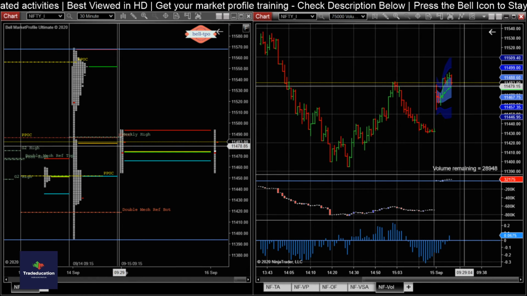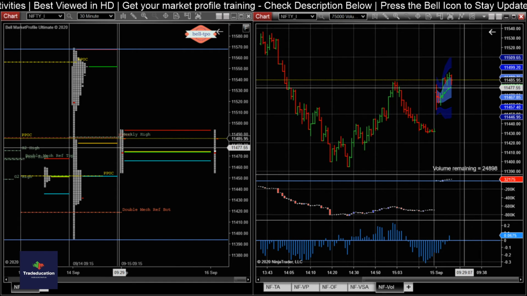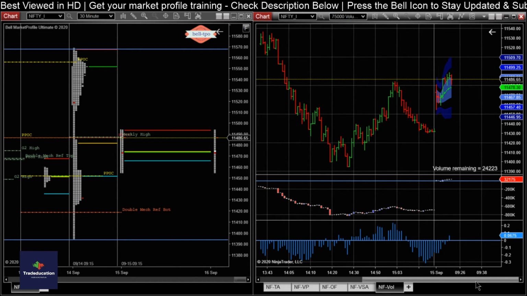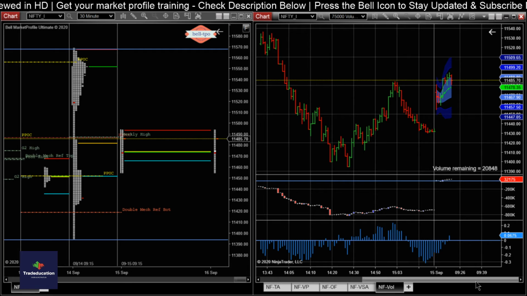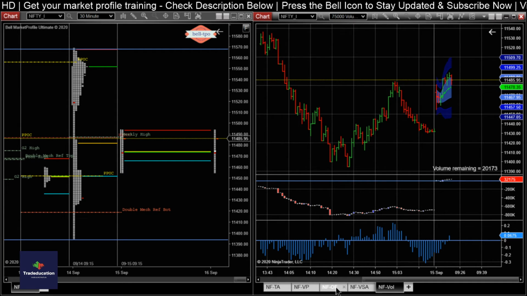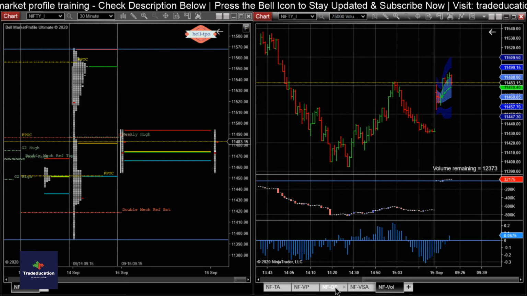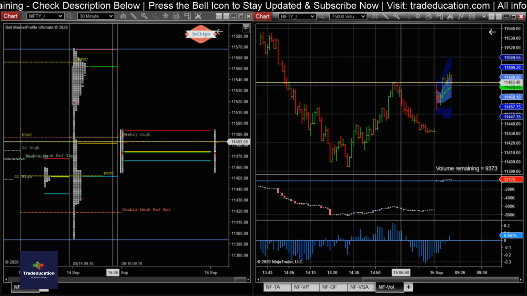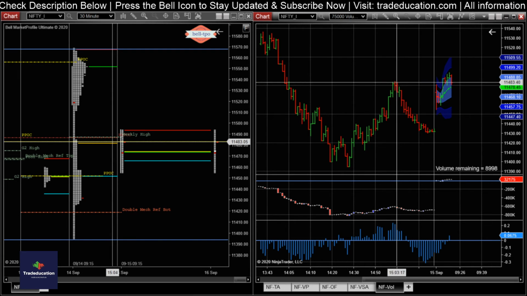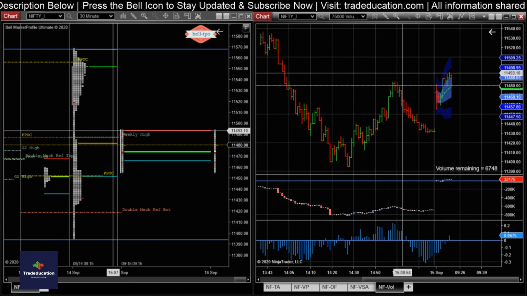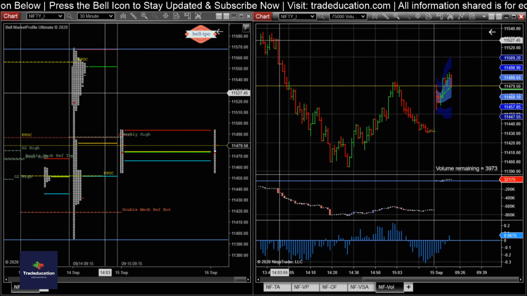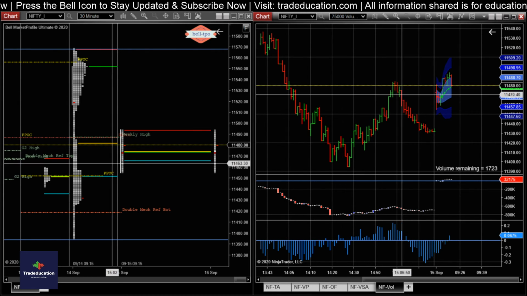Okay, so sort of a VWAP test will be seen. Let the VWAP test happen, and if you see, this is a supply zone. So this supply has been cleared, and again there are sellers present here.